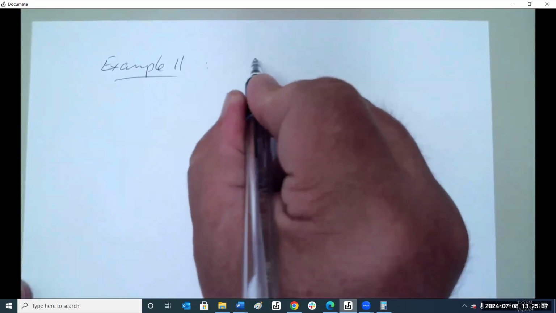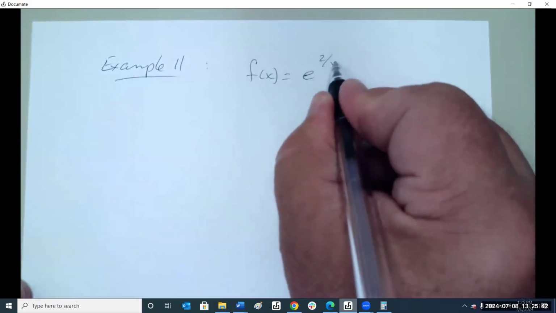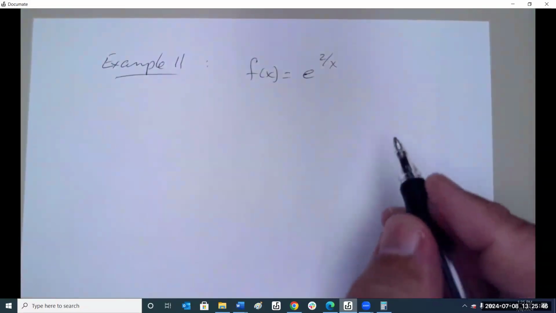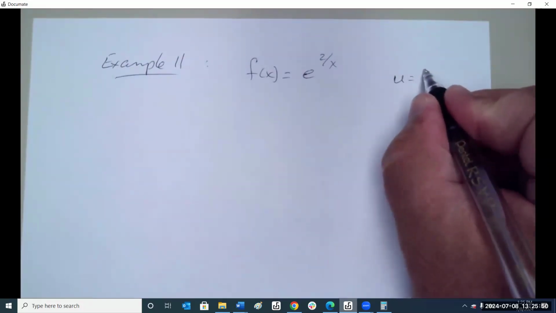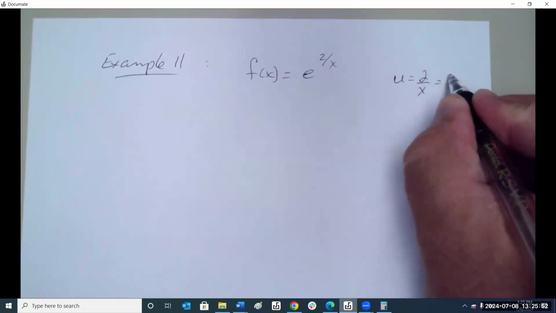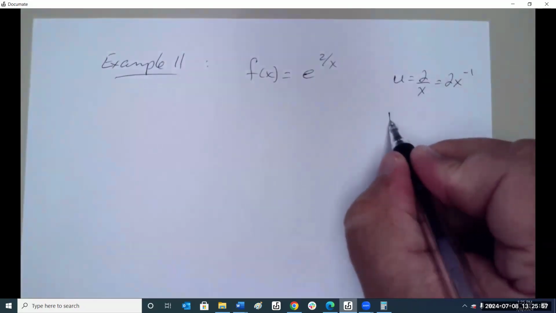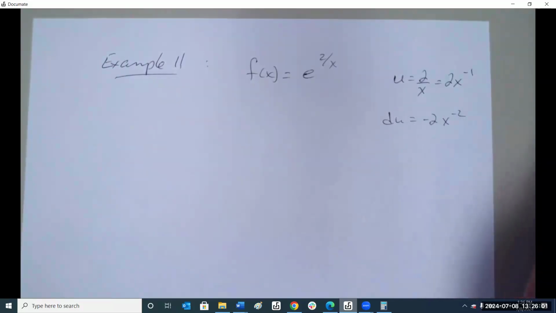Example. f of x equals e to the power 2 over x. So u is 2 over x, which is 2x to the power -1. So du is -2x to the power -2.